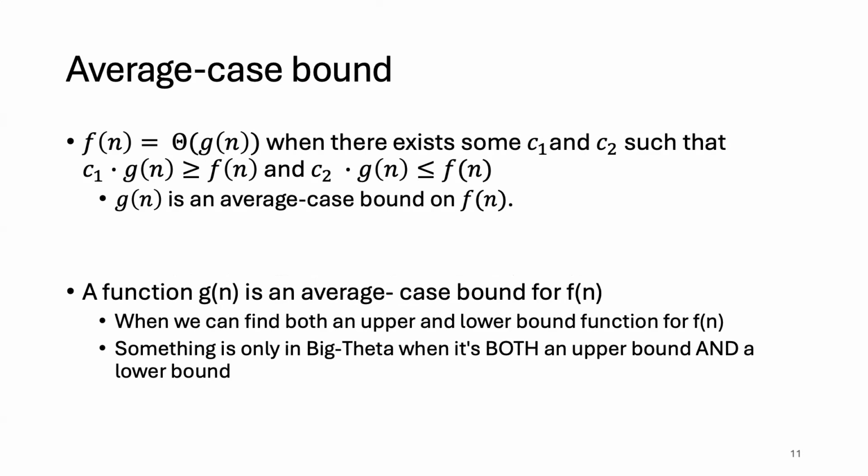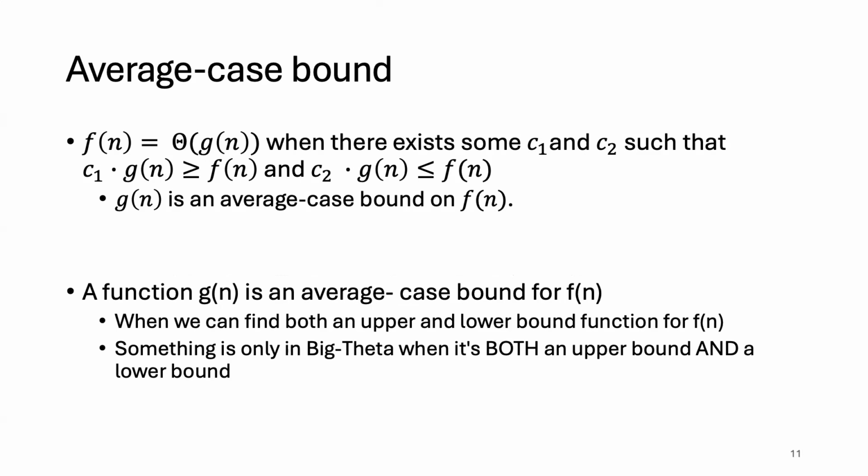So for the average case, similarly, we're looking for a function, which we call g of n, and we say that's big theta of f of n where there are two constants, we'll call them c1 and c2. If we multiply c1 times the function we found, everything in that function is less than the original.